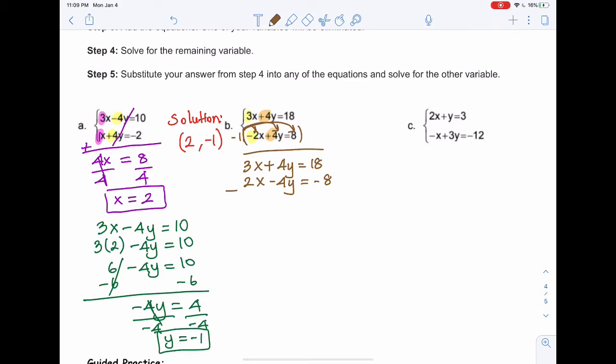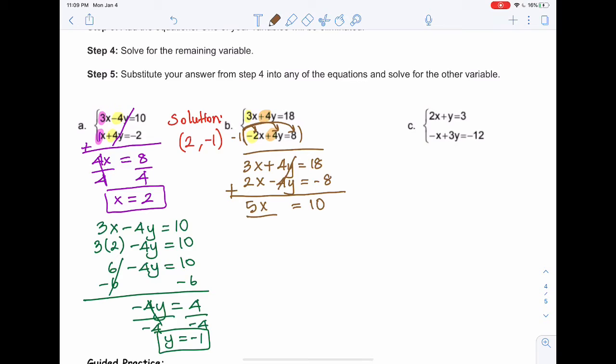Then I am going to add. 3x plus 2x will be 5x, and the y terms will be cancelled, which means y will be eliminated at this point, and 18 plus negative 8 will give me 10.